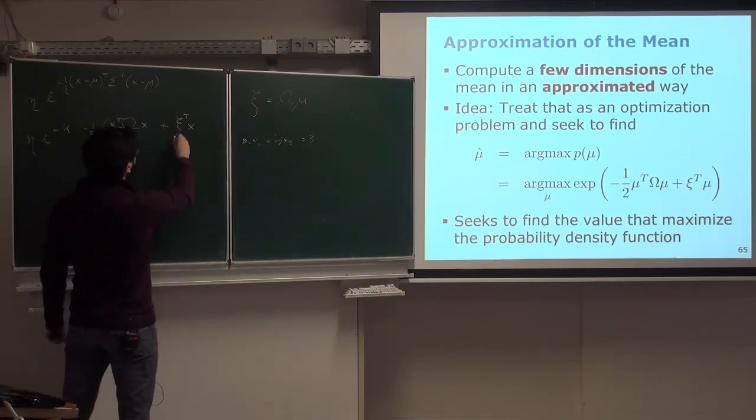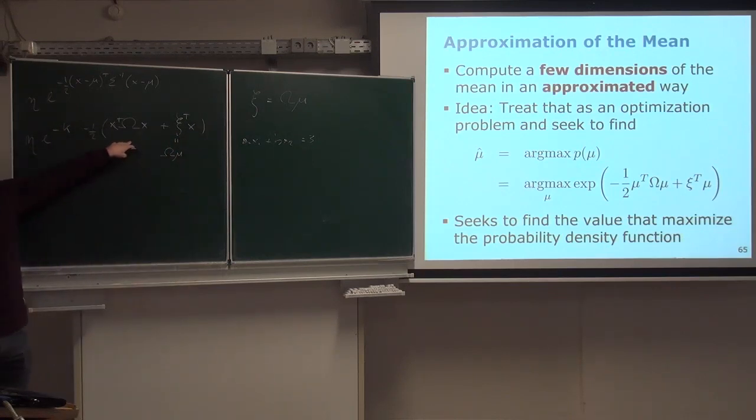Where this eta is actually equal to omega mu. So that's the canonical form, okay?